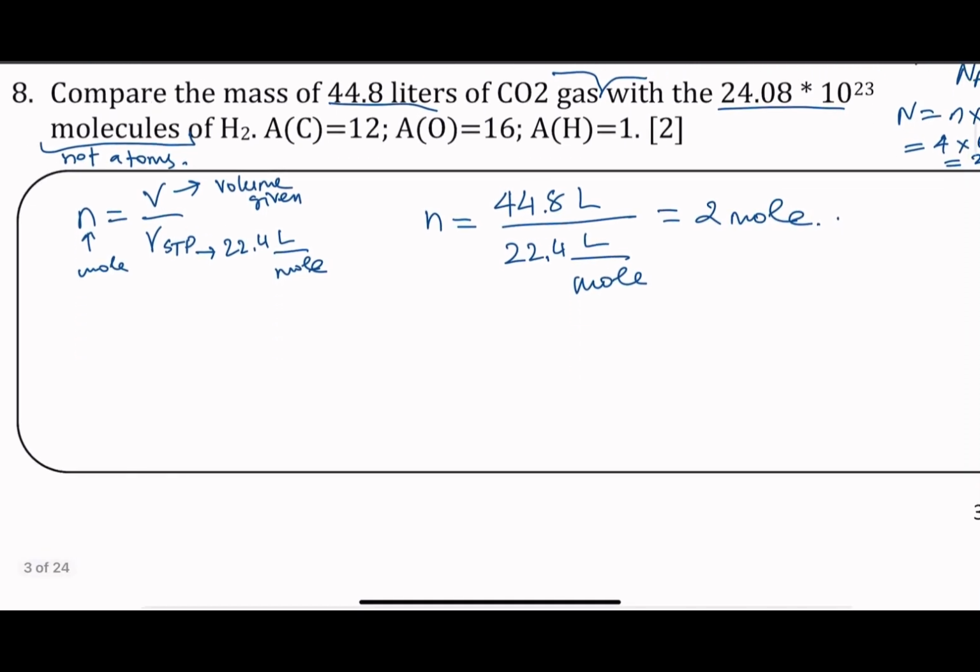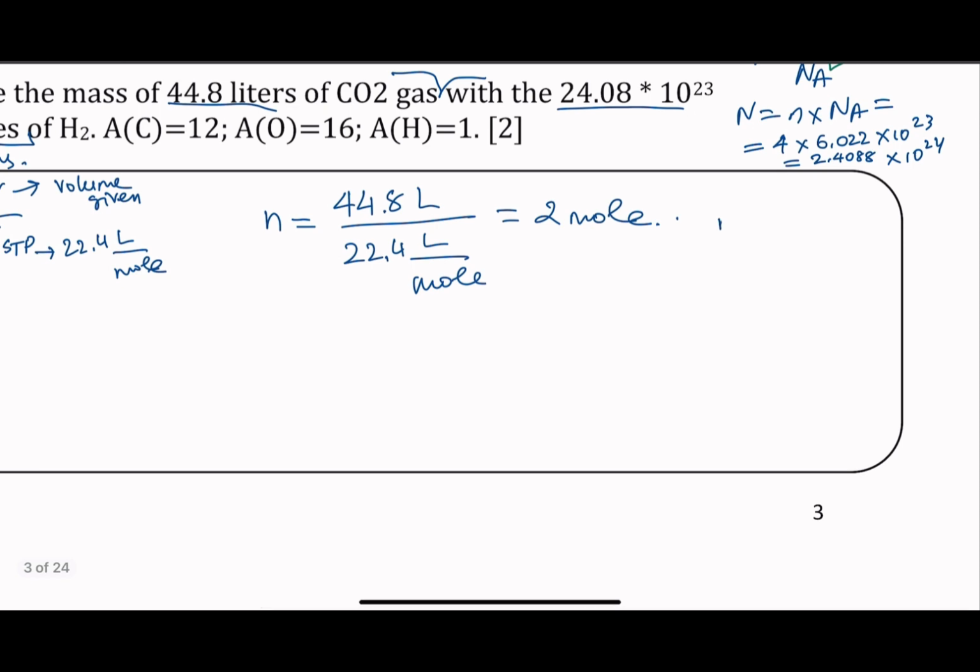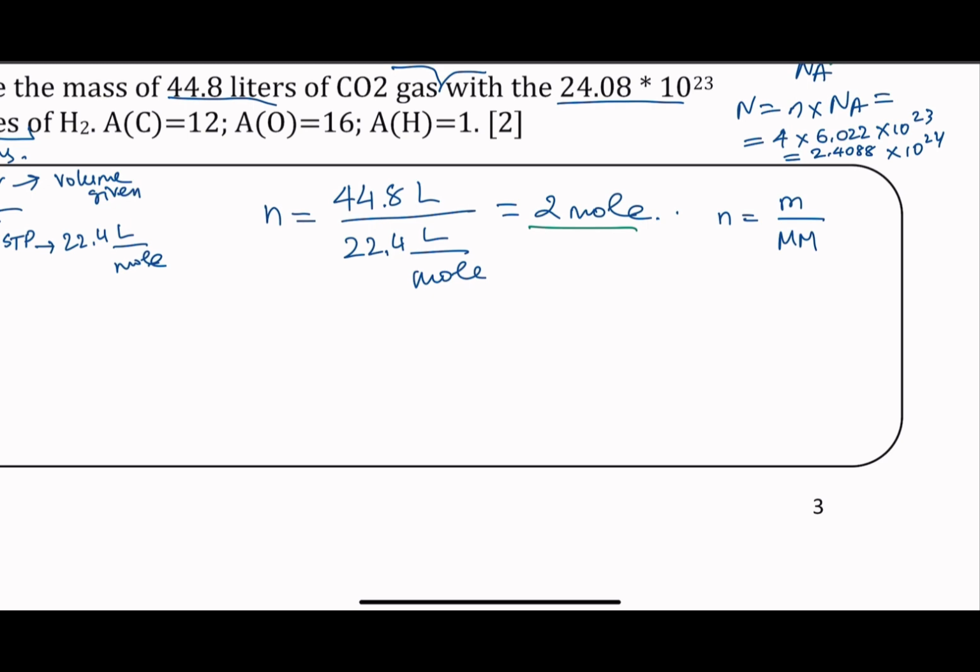Now we're going to use the other formula we have, n equals m over MM, which is the molar mass. From here you have the number of moles. You can find the molar mass from the periodic table to find the mass of it. So your mass would be n multiplied by MM, and if you check the periodic table, MM of CO2, you got 12 for carbon and 16 for oxygen.